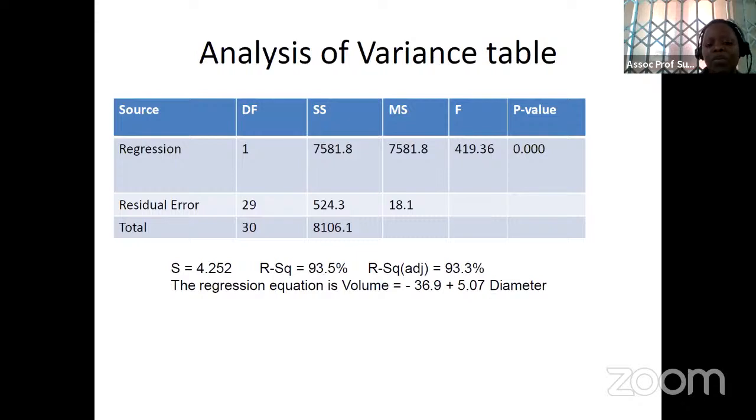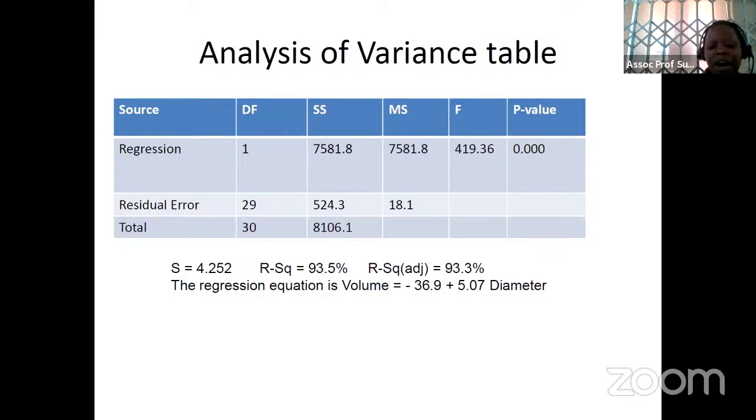Then when we go to the residual degrees of freedom or error degrees of freedom, the error degrees of freedom is equal to the number of observed values minus the number of parameters. We've just said we have only 2 parameters. So the total number of observations minus 2 gives us the residual degrees of freedom. Then the total degrees of freedom is the total number of observations minus 1.